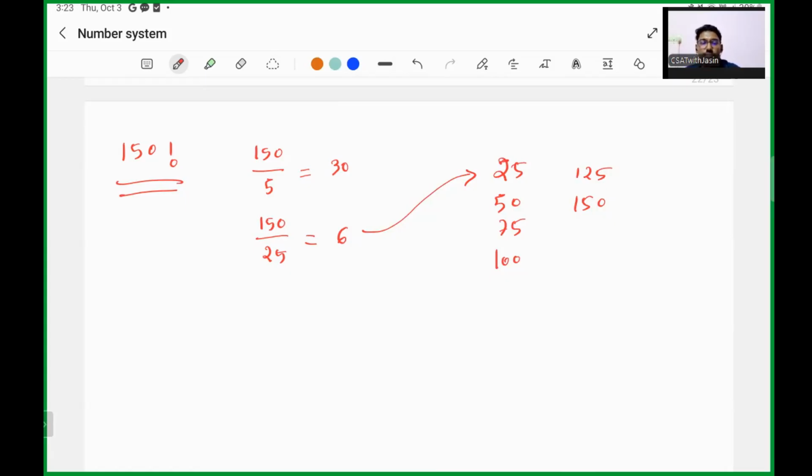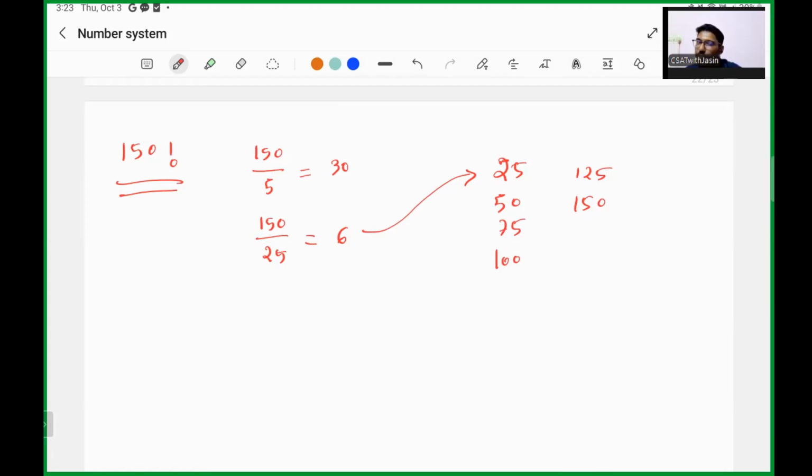If you add 30 plus 6, it is 36, fine, but that is not the answer. Why? Anyone? Yes, the answer is 37.